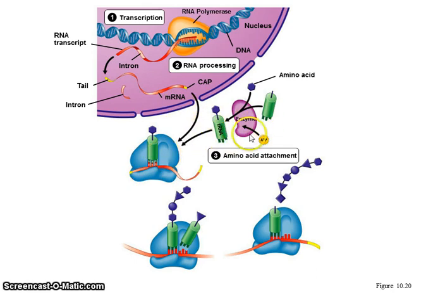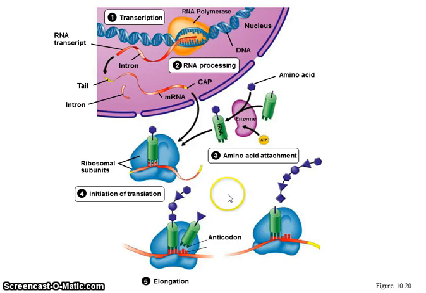We have the initiation once methionine combines onto the mRNA at the ribosome. Then you've got elongation. You keep binding the tRNA to the mRNA, adding on the amino acids, shifting over until you've got a finished product.